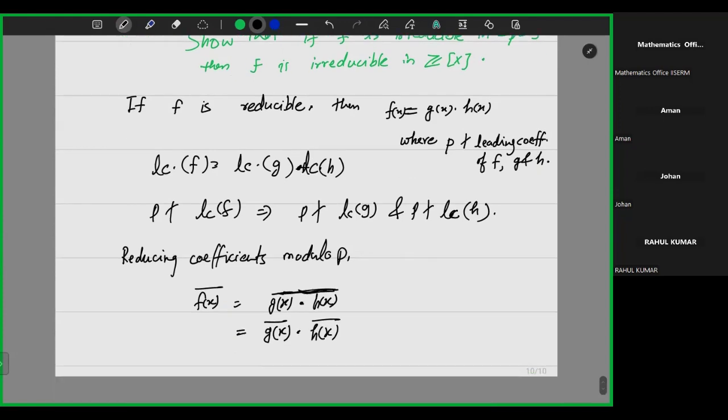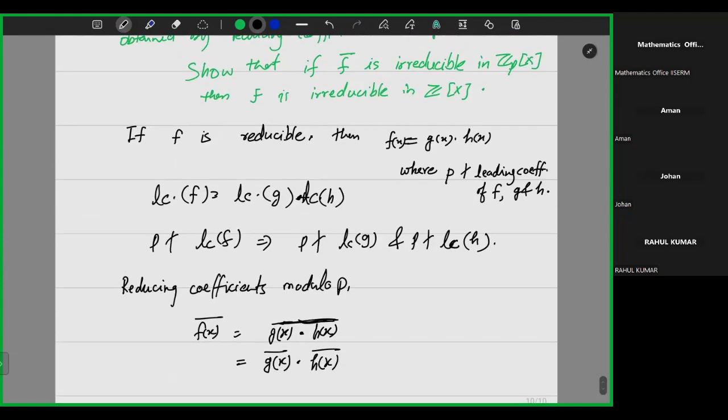Now here, what is the degree of F bar? Degree of F bar is the same as degree of F, right?